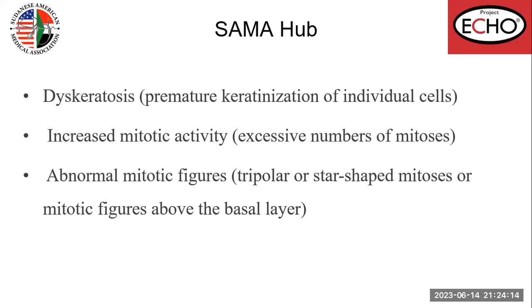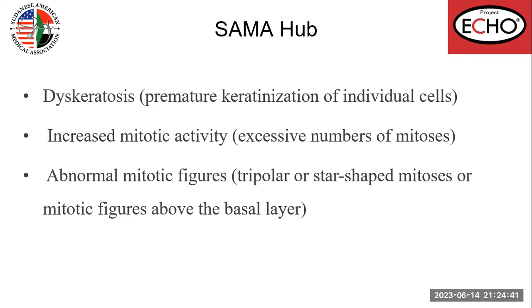We have an increased mitotic activity, and this is represented by an excessive number of mitoses throughout the epithelium, as well as abnormal mitotic figures. So it's not only an increase in the number of mitoses or cell division, but this cell division sometimes is abnormal or atypical. So you would see tripolar division, giving not only 2 cells from 1 cell division, but 3 cells.